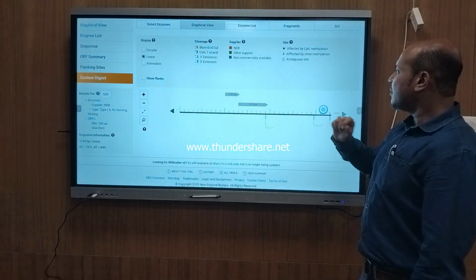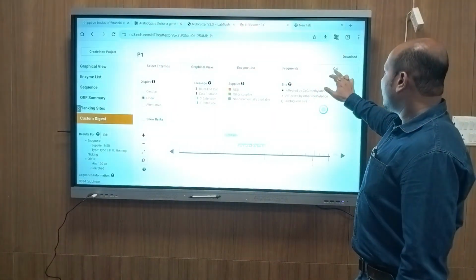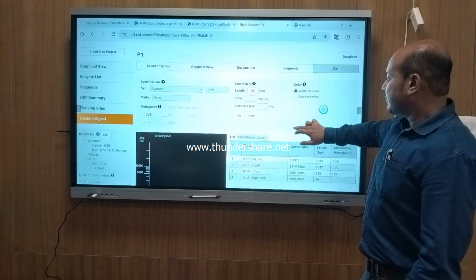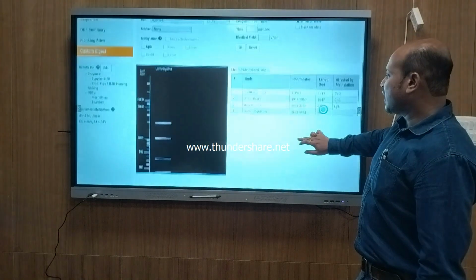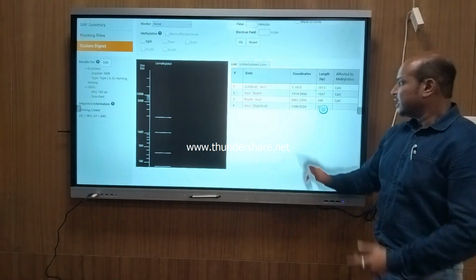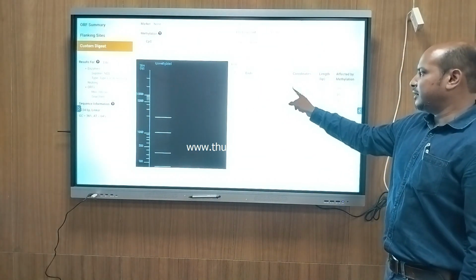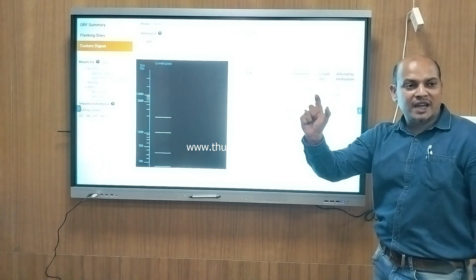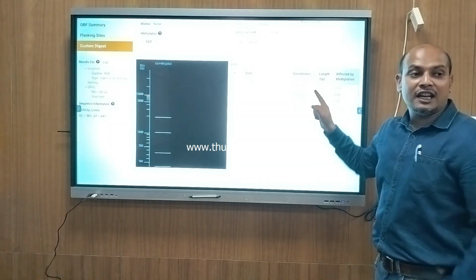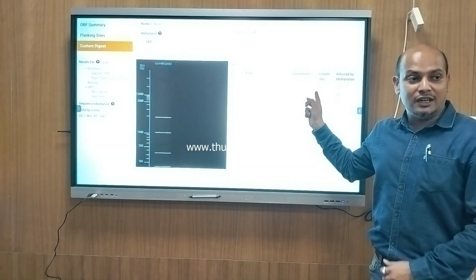And see, this is the profile. What would the gel look like? When I look into the gel, what I find is that the first fragment generated by ACC1 is intact, that is of 1913.